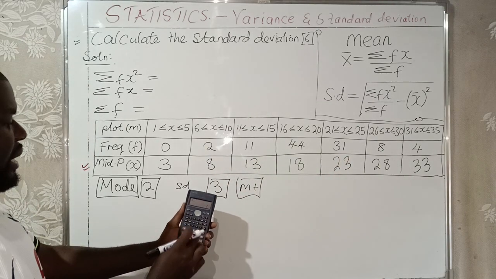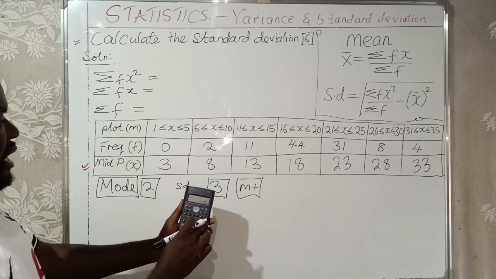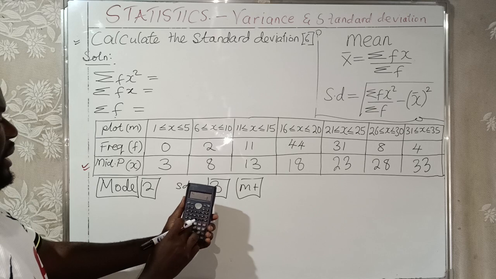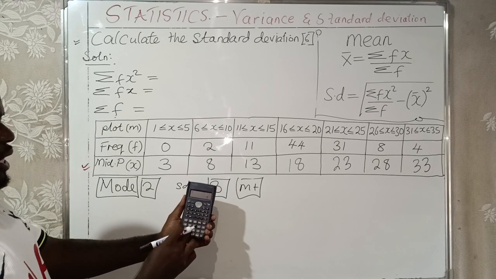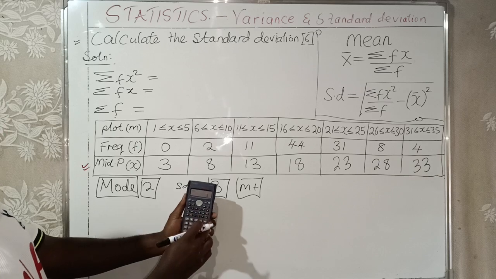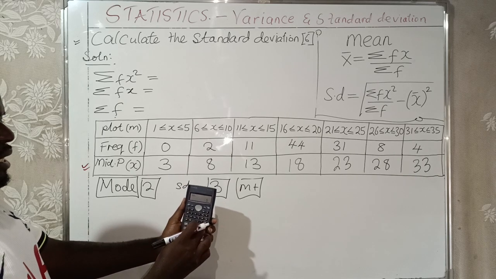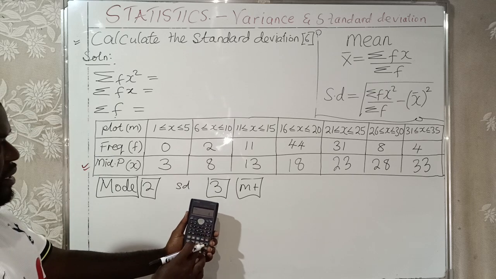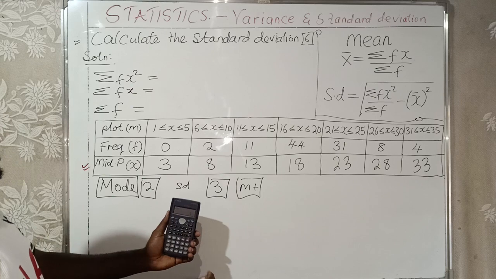Then you say 8 M plus, 13 M plus, 18 M plus, 23 M plus, 28 M plus, 33 M plus.